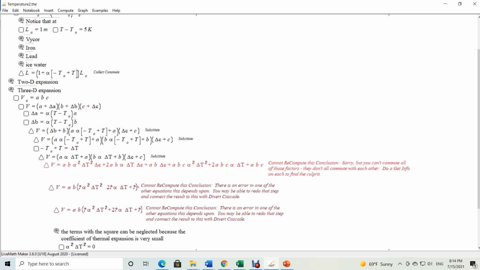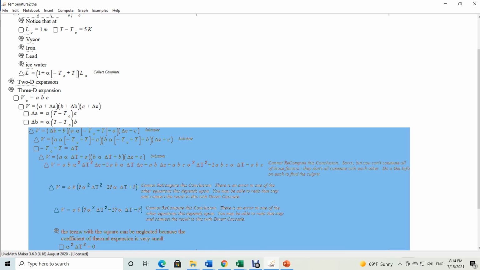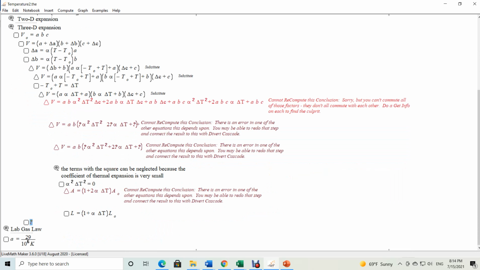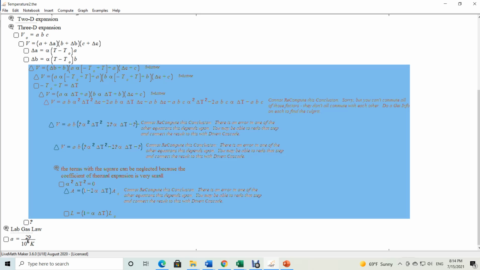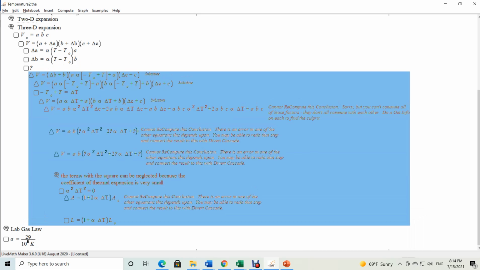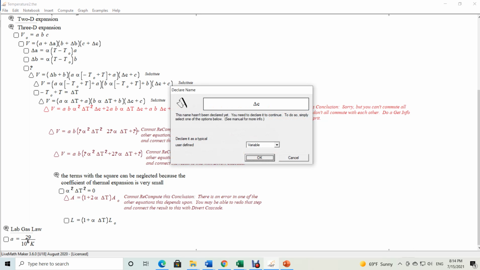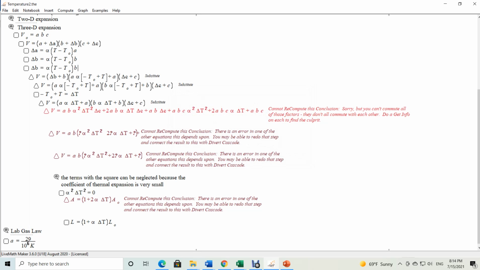Each of those 3 dimensions expands in the same way that we saw before. The materials are exactly the same along the 3 directions. Okay. And I have my equation here.